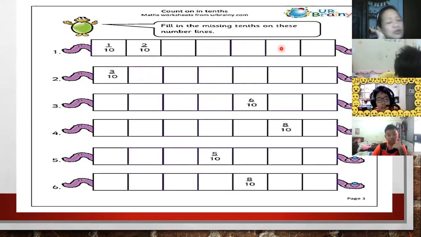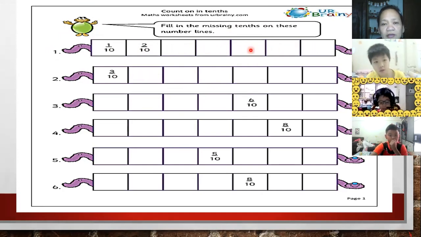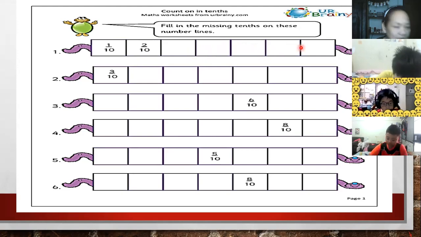You just want to write the answer, okay? Write only the answer. Fill the box like this. For example, number 1, what is the number next to these 2 numbers? Then you write the 4 numbers here, fraction, okay? So in number 1, your answer will be 5. 1, 2, 3, 4, 5. Okay, 5 fraction. What is next to this number?